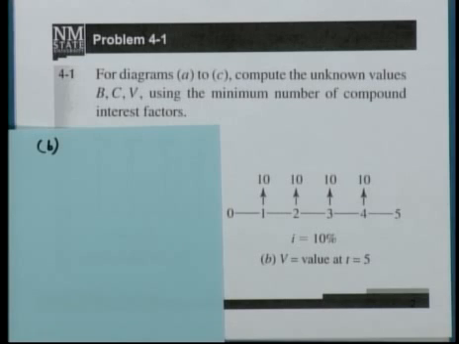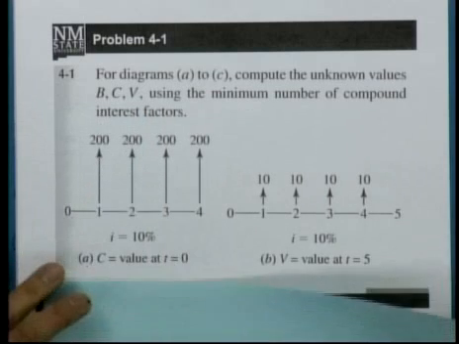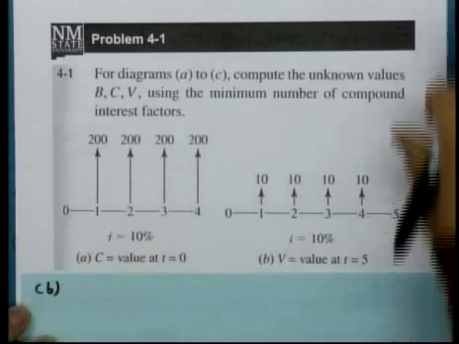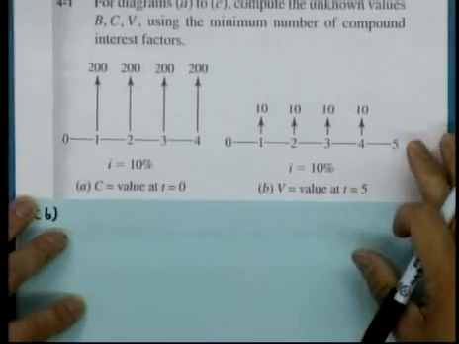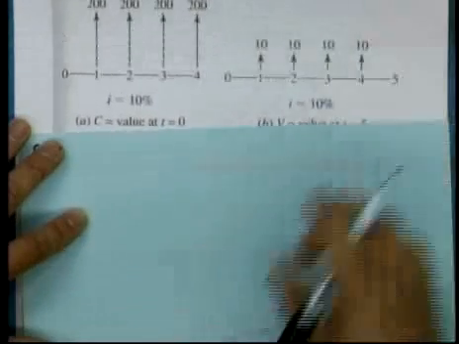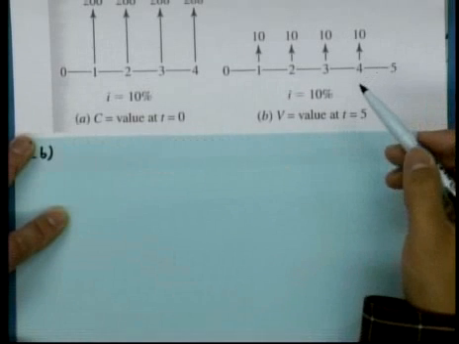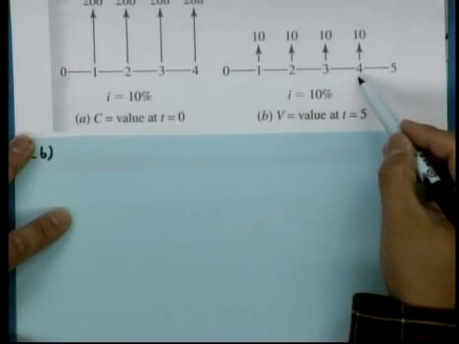So first, let me think. So here, let's say the future sum V occurs one period earlier.